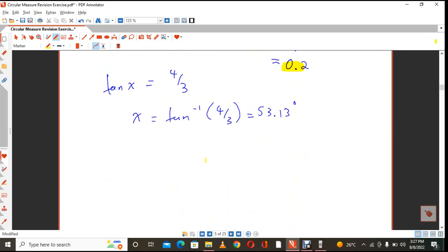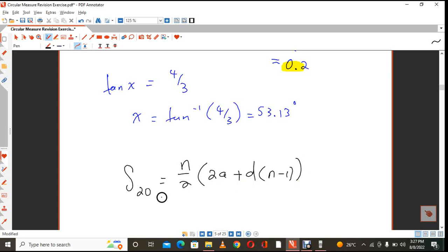How do you find the sum of the first 20 terms? All right, I hope you remember. The sum of the first 20 terms is n over 2, in brackets 2a plus d multiplied by n minus 1. So we know that is 20 over 2, then 2a plus d multiplied by 20 minus 1.